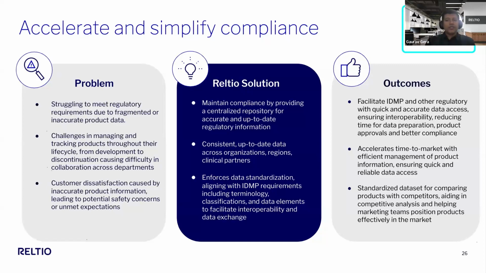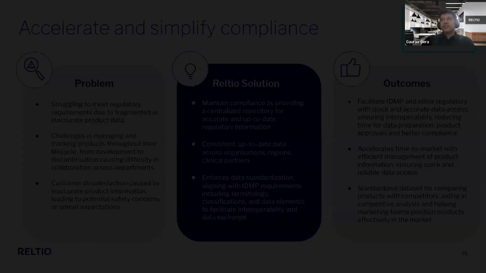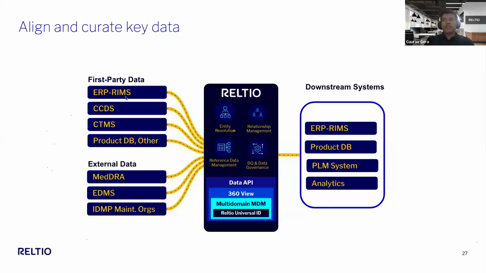And again, the problem we're solving is that product is a very complex process, requiring data from one or multiple sources, whether internal or external, right? So here is that representation. If you have a regulatory information management system out of your ERP, there's a CTMS application for your clinical trials.